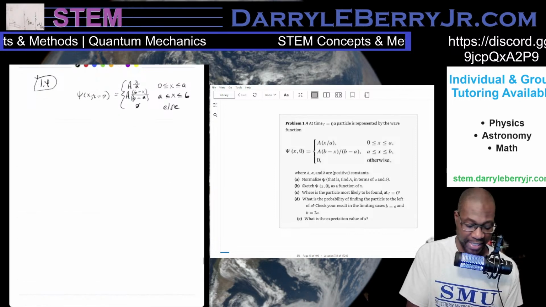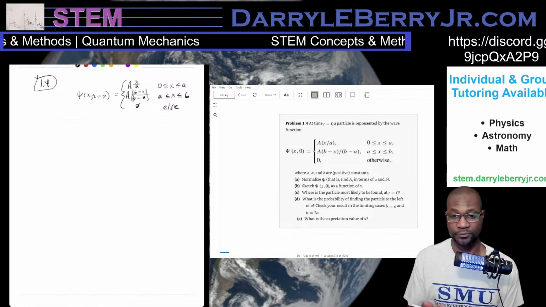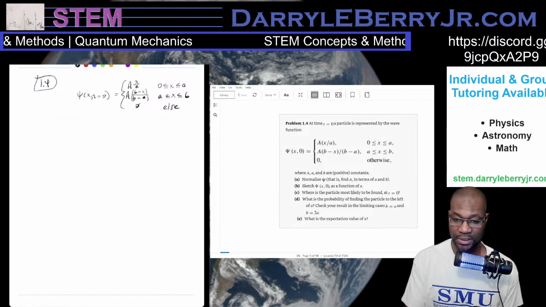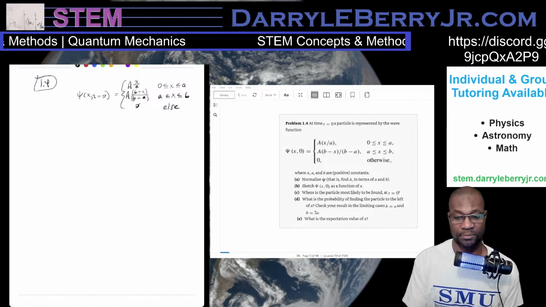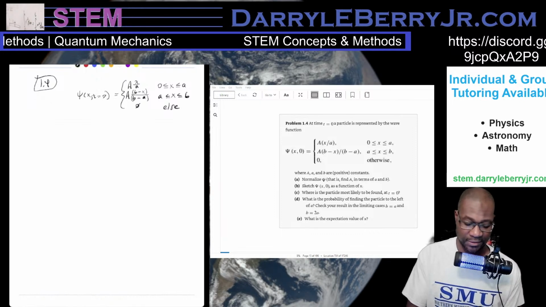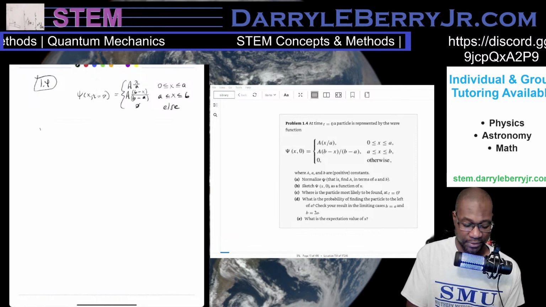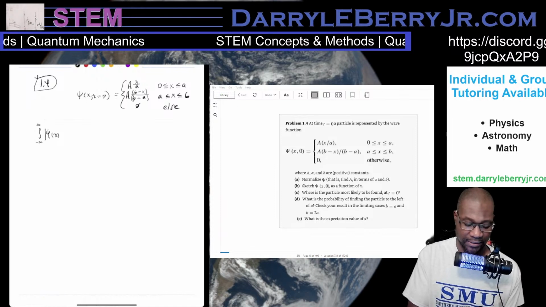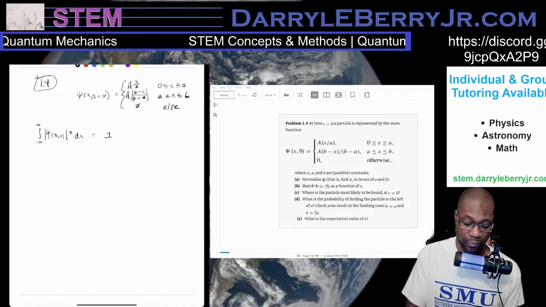We know that if we have a particle, it is going to be located somewhere if the particle exists. So the integral from negative infinity to infinity of the absolute value of psi(x, 0) squared dx will equal 1.